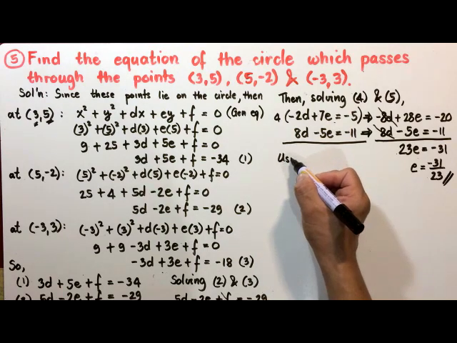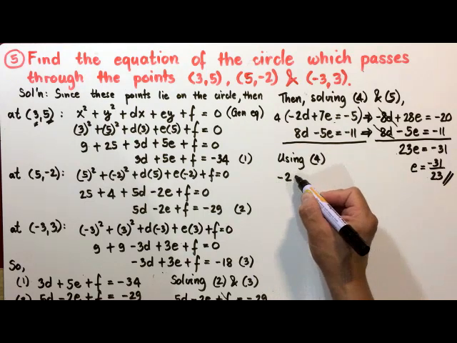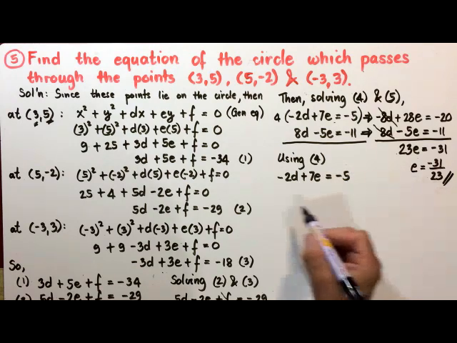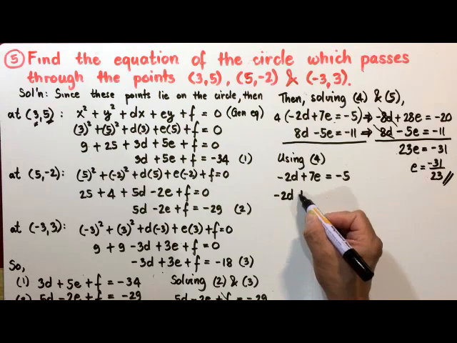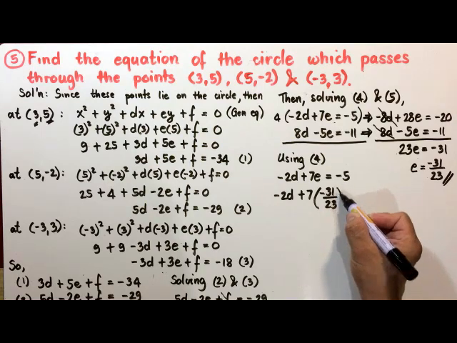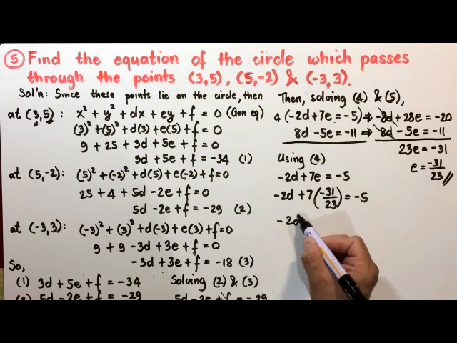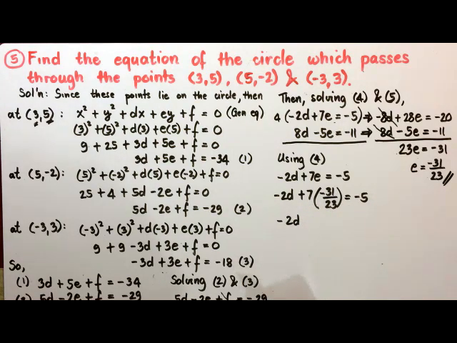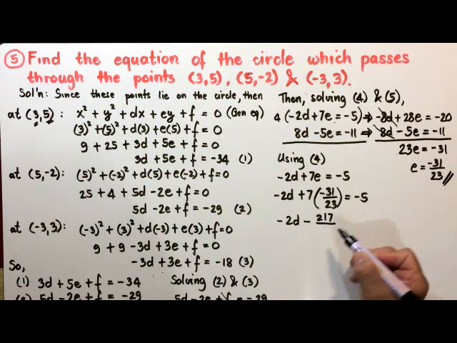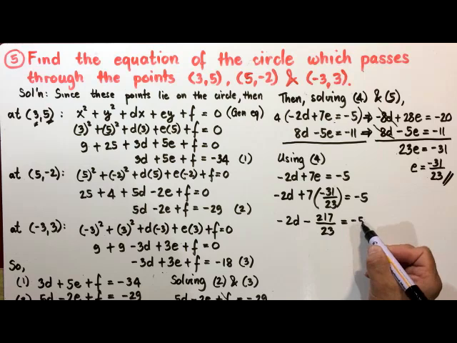So maybe I can use equation 4, which is minus 2d plus 7e, which is equal to the negative 5. I know what is e. So my e is negative 31 over 23. And then solving, that is minus 2d, 7 times negative 31 is negative 217 over 23, which is equal to the negative 5.